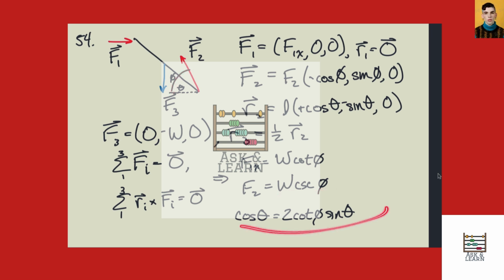We also get a geometric constraint that says that cosine of theta must equal 2 times the cotangent of phi times the sine of theta. So we had three equations, and our other unknown is going to be this h value, and we can determine h if we can figure out what these angles are.